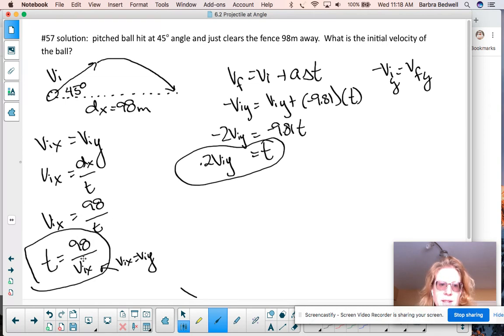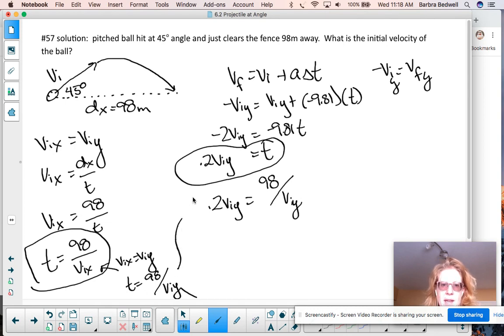So I can still say that t equals 98 divided by VIY, because VIX and VIY are the same thing. Now I'm going to take this and plug it in here: 0.2 VIY equals 98 divided by VIY. Again, I've taken this and I'm substituting it into that section right there.